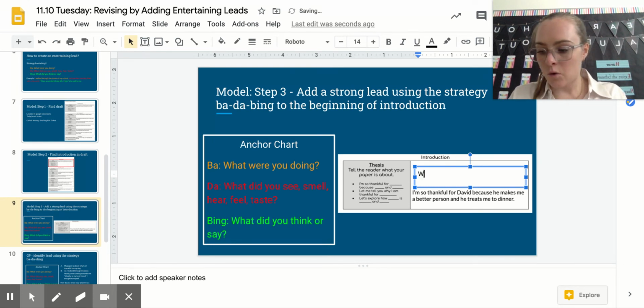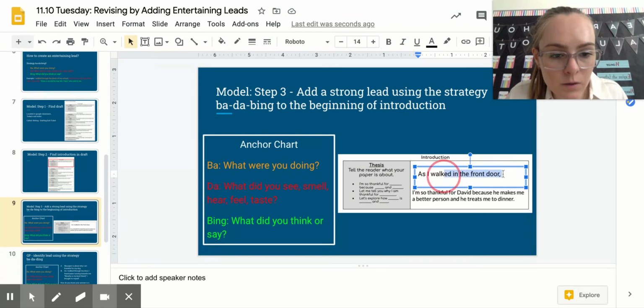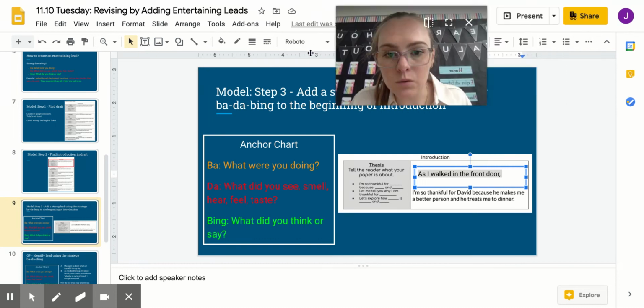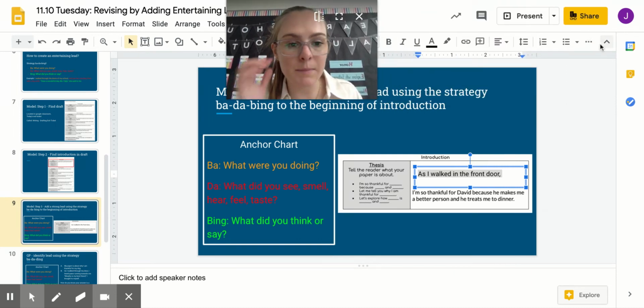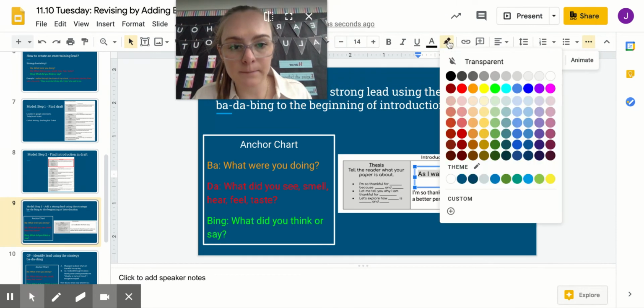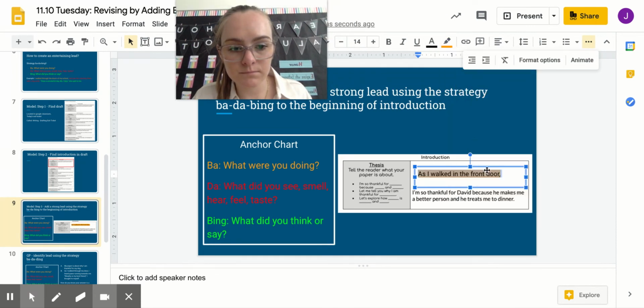So as I walked in the front door, that is what I was doing. Let's make it orange because it goes with my ba. So as I walked through the door, that is what I was doing.